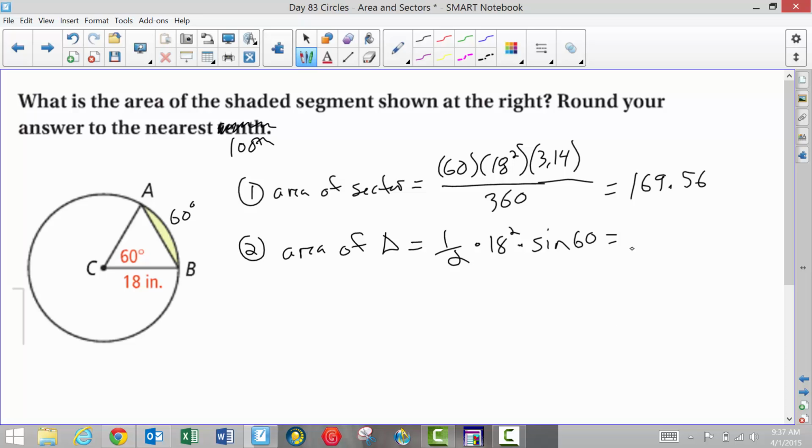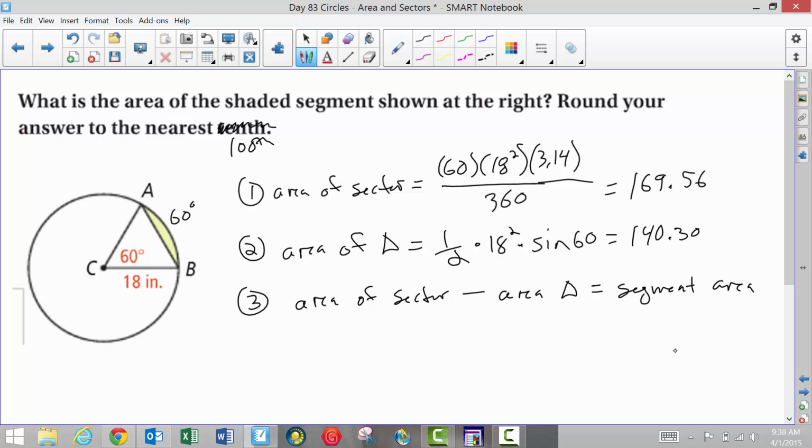So in this case, you get 140.30. So in the third step, you subtract. So it's area of your sector minus area of triangle equals your segment area. So my area of a sector was 169.56. Area of a triangle is 140.30.